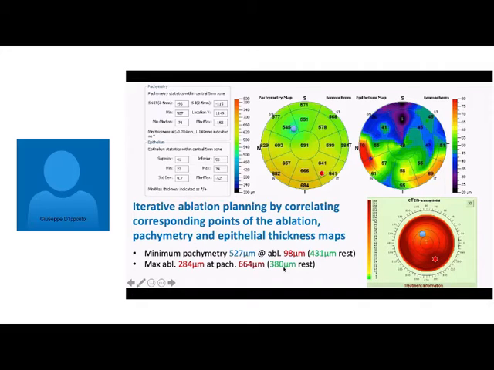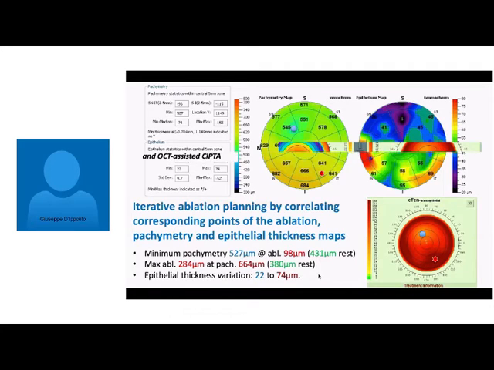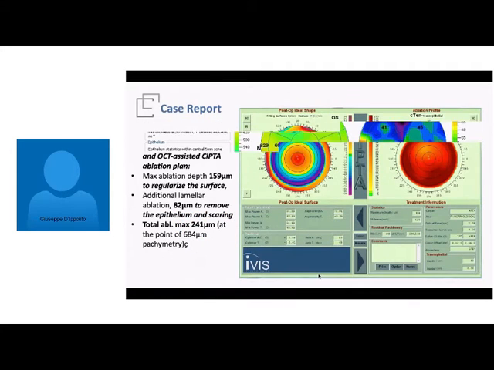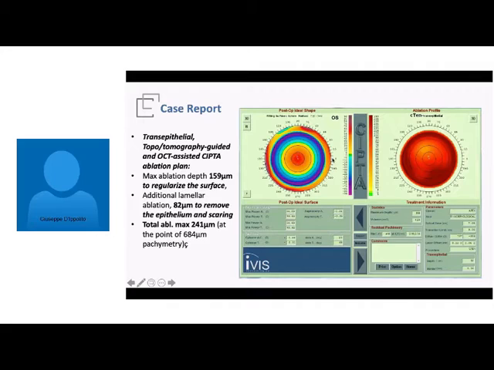And then it was 380 microns residual, which was also satisfactory. And epithelial thickness was not a factor in this case. So this is our SIPTA plan, a transepithelial tomography and OCT assisted SIPTA ablation plan.